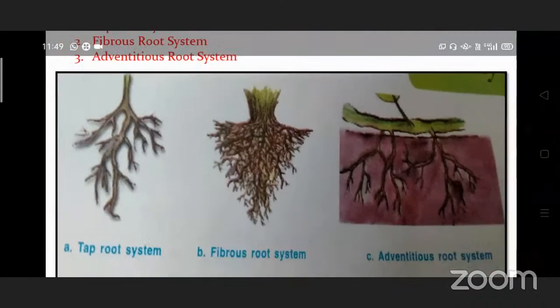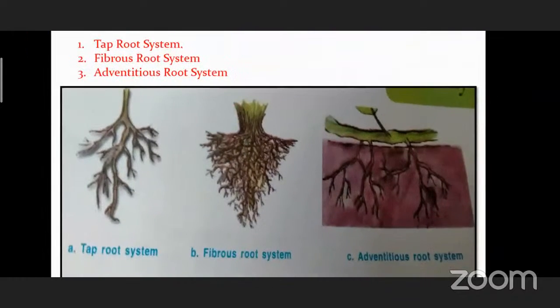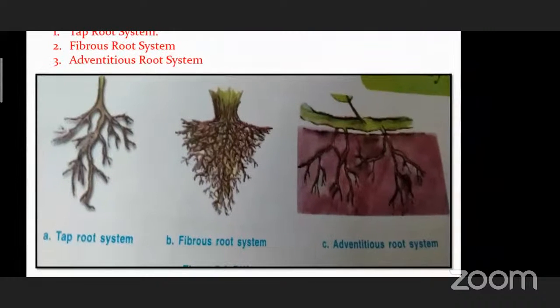The functions of the root. The root system absorbs water and minerals from the soil and provides proper anchorage to the plant. Another function is storage of reserve food material. Another function is synthesis of some plant growth regulators.